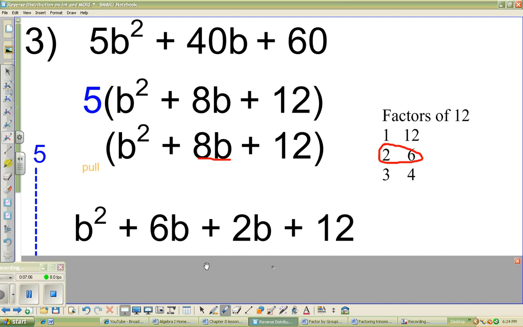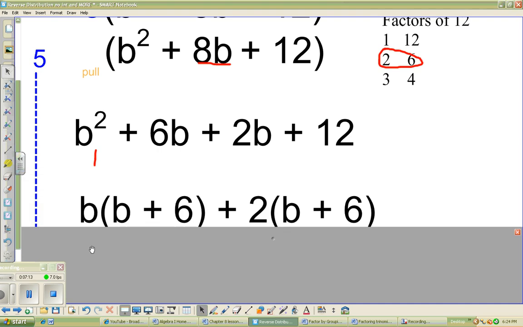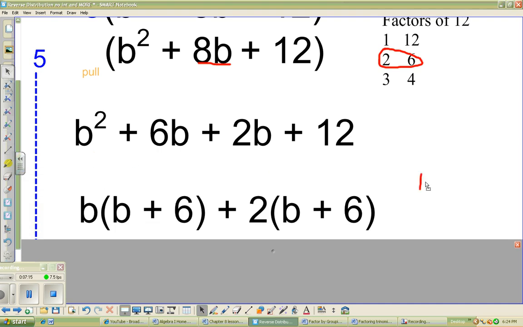And then we start grouping. We can group the first two terms and factor out a b right here. That's the first two terms factored out. Then we factor out the second two terms, we can take out a 2.